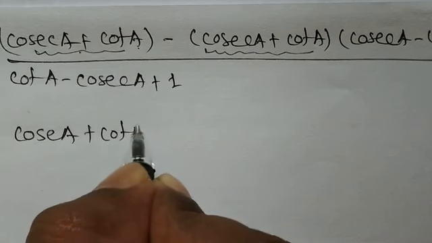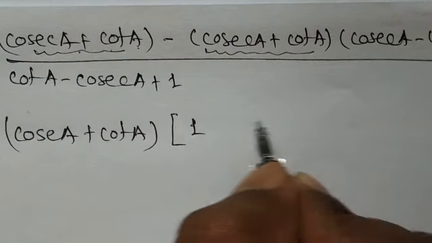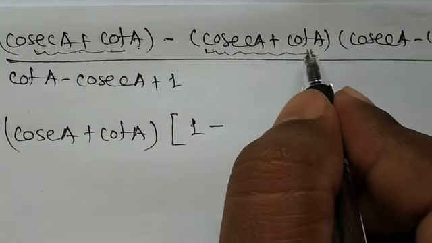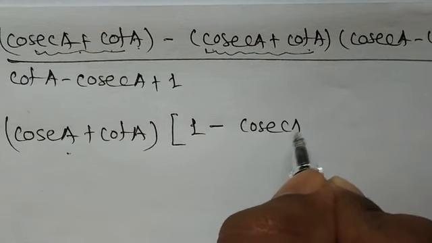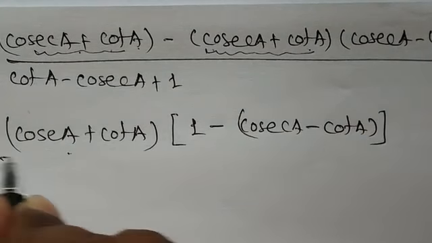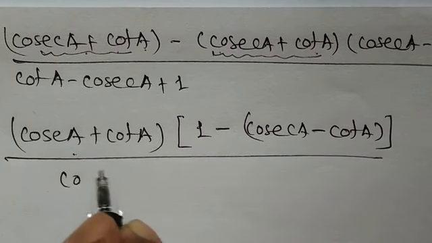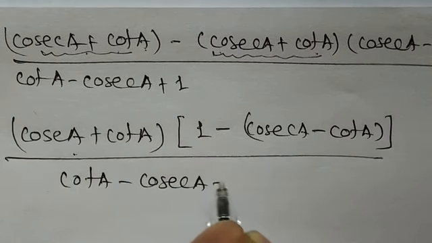The common term cosec A plus cot A goes outside. What remains here is 1 minus cosec A plus cot A, and in the other bracket simply cosec A minus cot A, upon cot A minus cosec A plus 1.